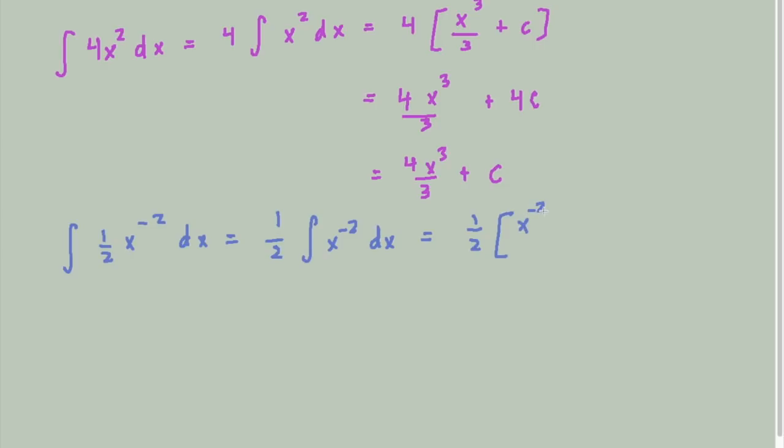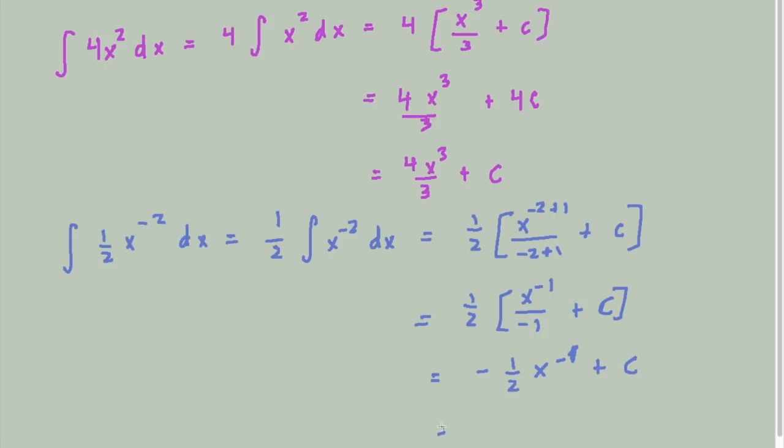So we have x to the negative 2 plus 1 over negative 2 plus 1 plus some constant. So we get 1/2 x to the negative 1 over negative 1 plus c, which will get negative 1/2 x to the negative 1 plus c. And this can also be simplified a little bit more if we want, although we're probably fine here as well. We'll get negative 1 over 2x plus c.